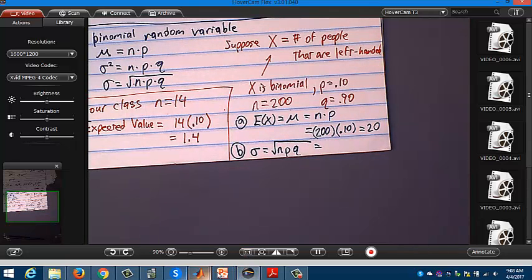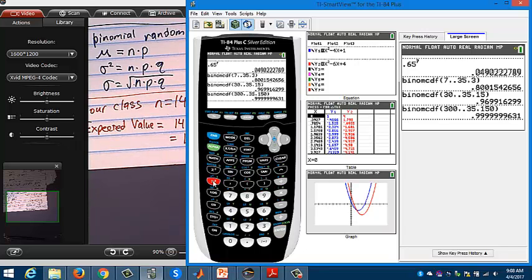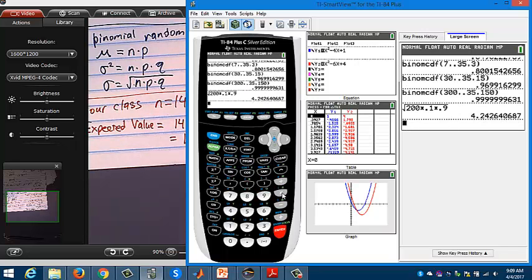So we go to the calculator and we say, okay, square root. Second x squared will get me that. So there's the square root. And what do we want to type in here? 200 is n. Times what? Yeah, 10%, so 0.1. And then times again. Times what? 0.9. This is the standard deviation. 4.24.